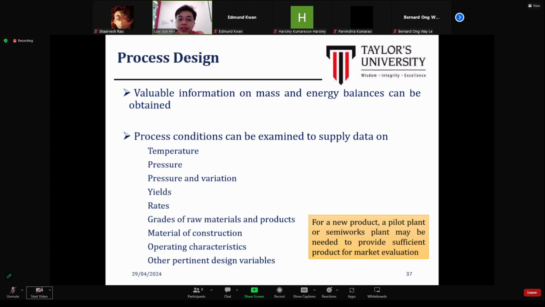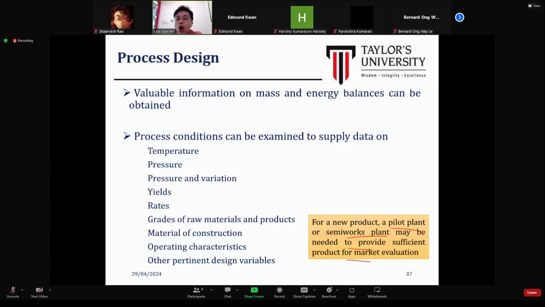So as I told you just now, for some of the technology or process, they are totally new. You don't have the relevant optimum operating condition, or maybe some of the important data cannot be found or is missing. In that case, what we will do is try some experimental work or construct a pilot plant to collect all this important information.